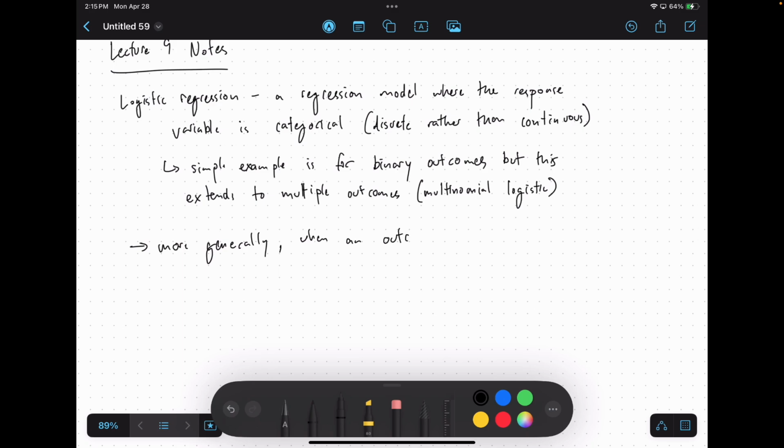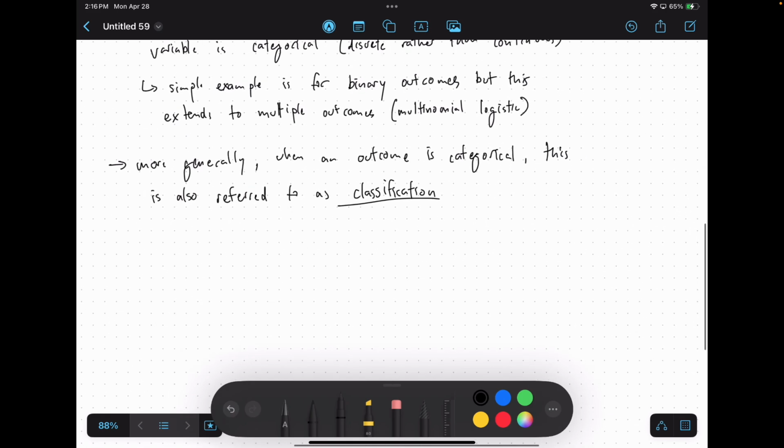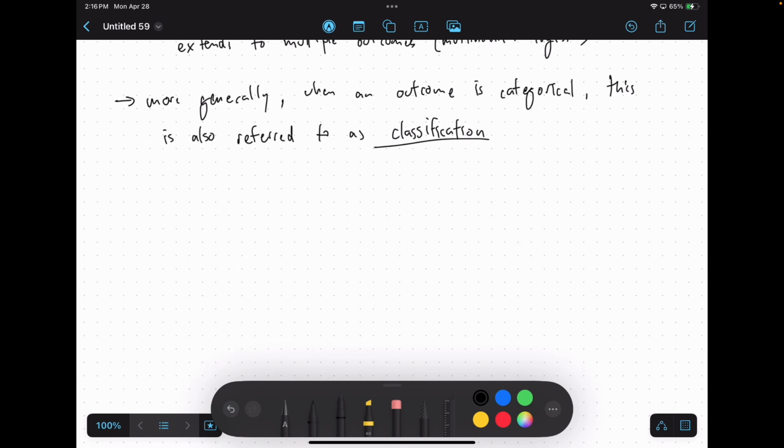When an outcome is categorical, this is also referred to as a classification problem. I guess that's lingo that's common in the machine learning world. We call discrete regressions classification. So if you hear classification, it just means that your response variable is categorical.